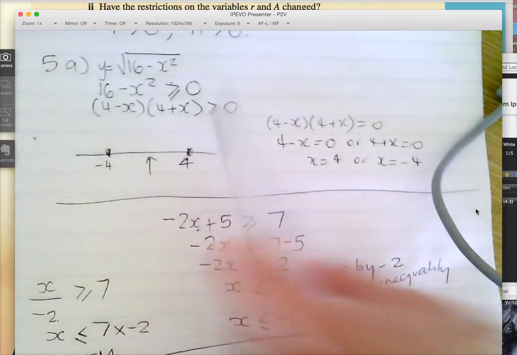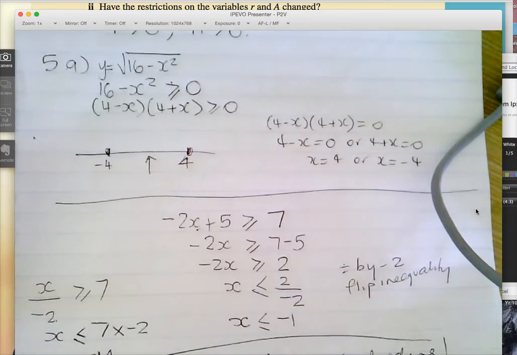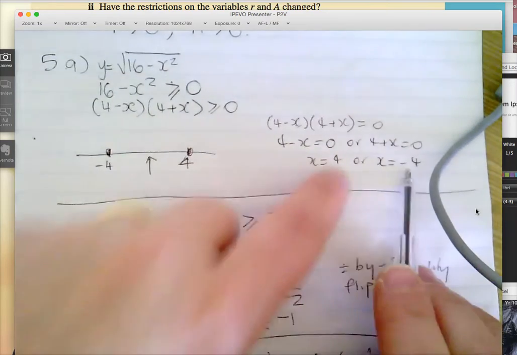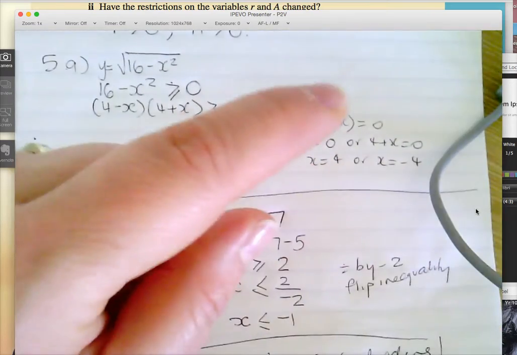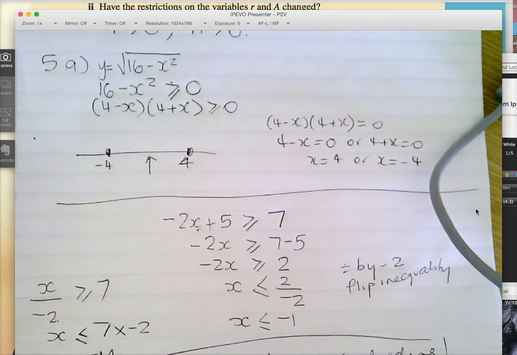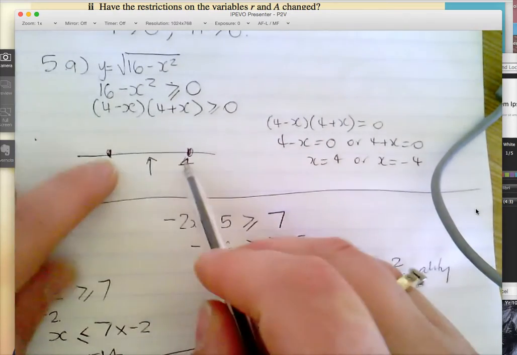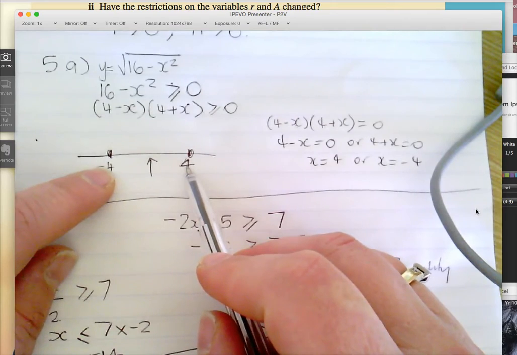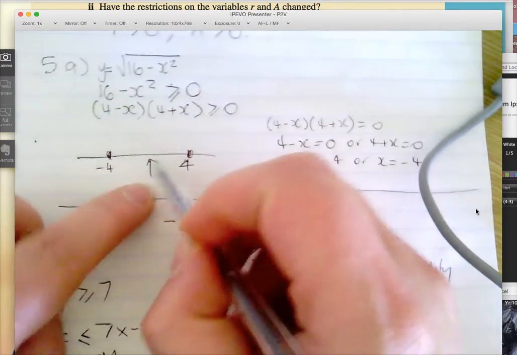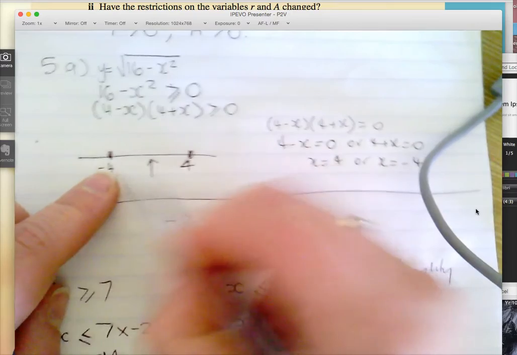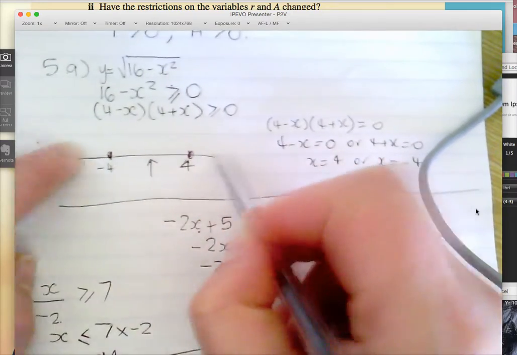When you've got greater than or equal to 0, you've got two things: equal to 0 or greater than 0. In other words, girls, my answers are either going to lie between here, which is how it works with quadratics, or outside there.